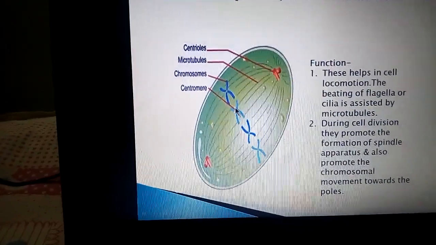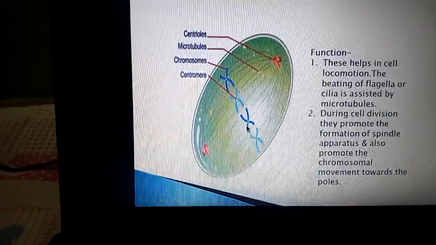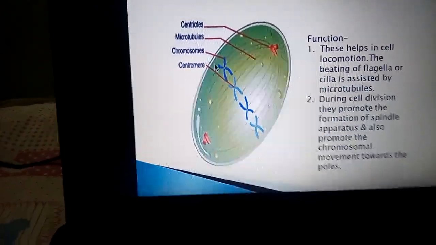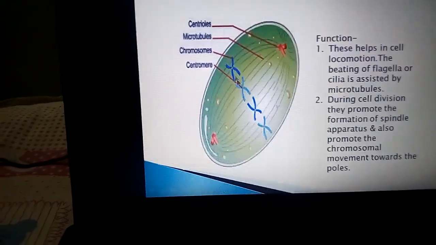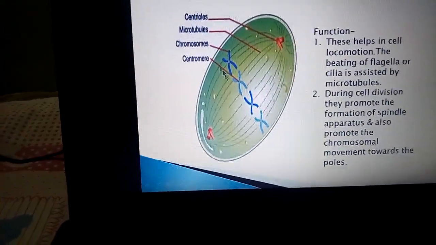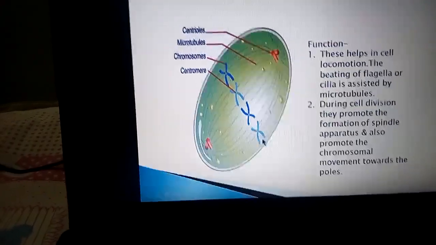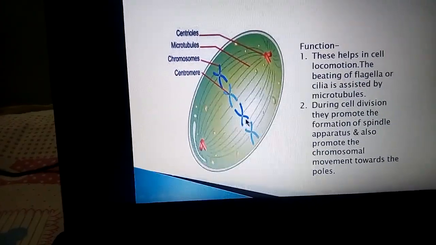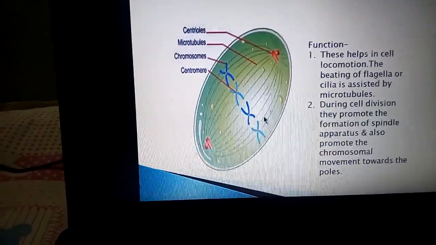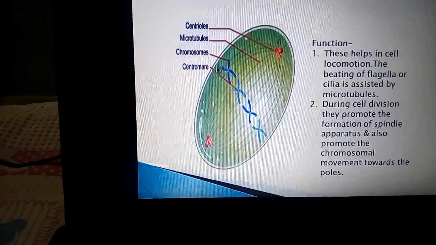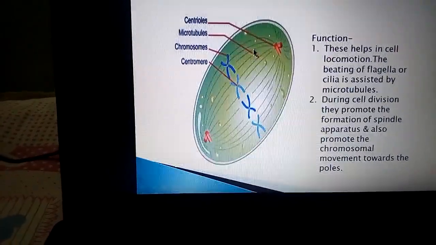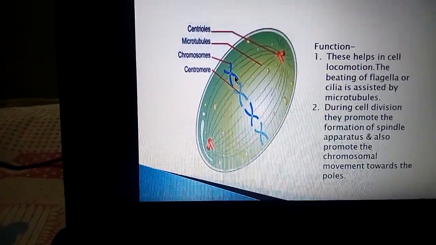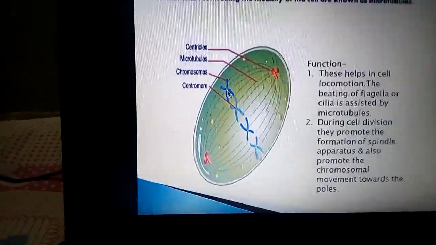During the metaphase stage of mitosis and meiosis, all the chromosomes are present at the equatorial portion of the cell. In the next phase after metaphase, known as anaphase, these microtubules are attached with the chromosome at the centromere portion.